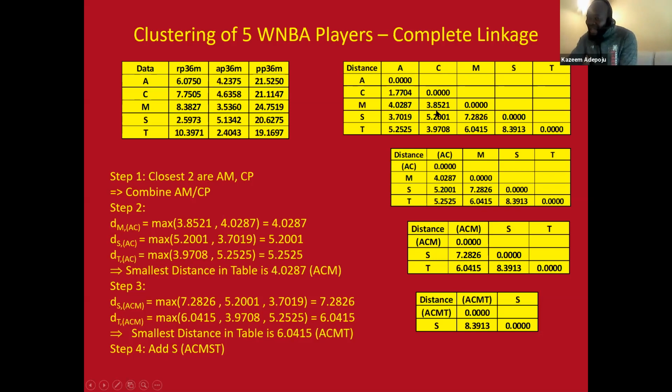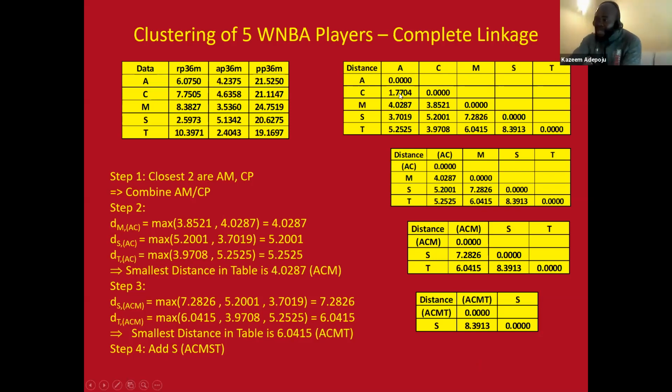Now let me tell you this: whether you are working with single linkage or complete linkage, single linkage is where we're using the minimum. But in complete linkage, your step one, you still need to start from the minimum cell.